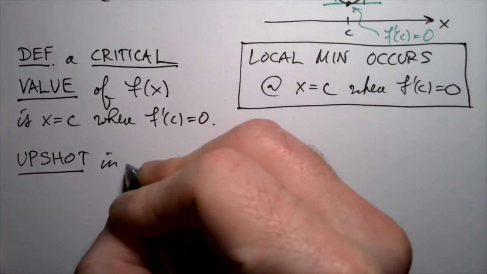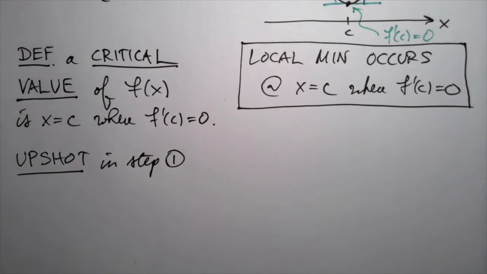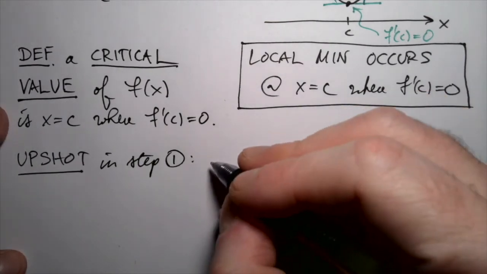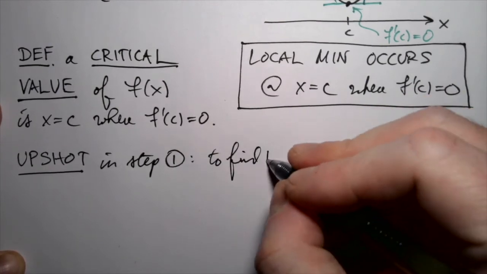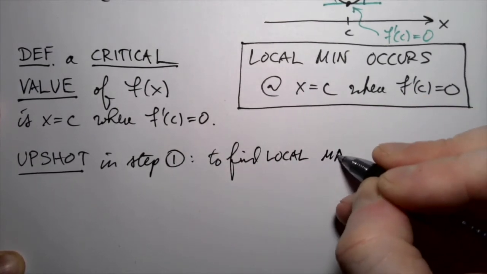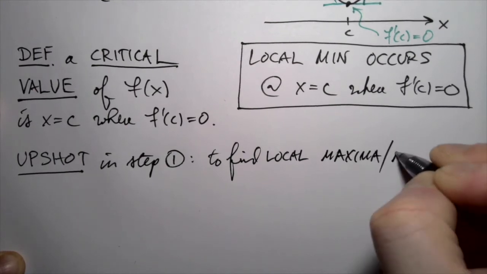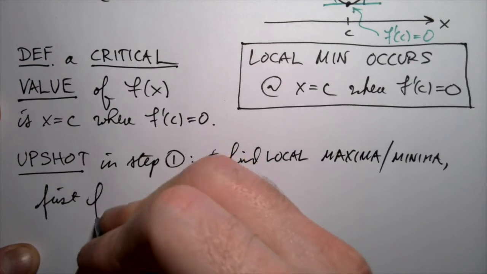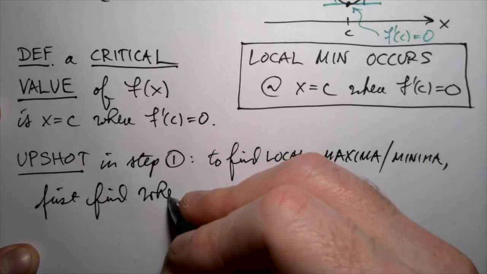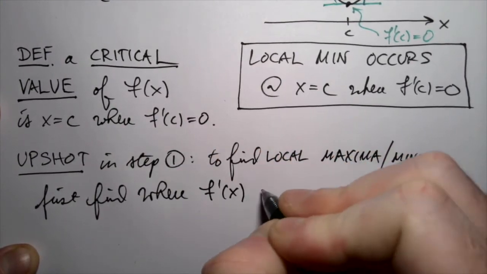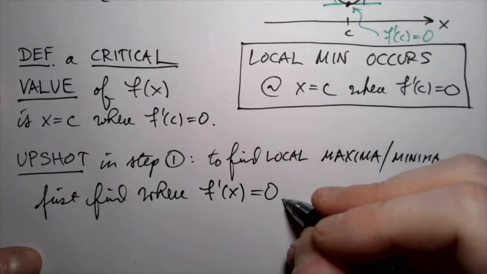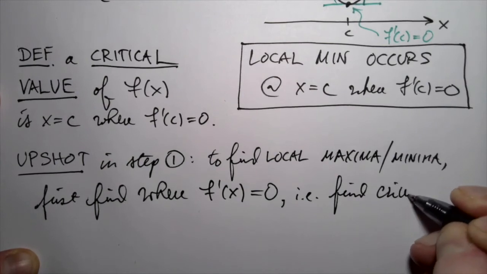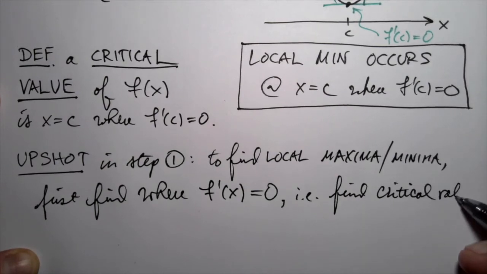The upshot is that in that first step to finding the overall maxima and minima of a function, to find the local maxima and minima, we first find where the derivative of the function is equal to 0, i.e. we find the critical values.